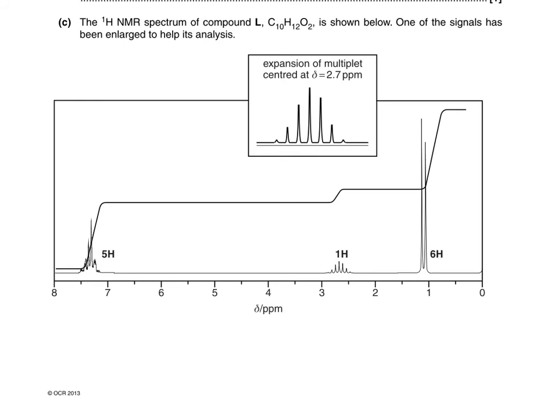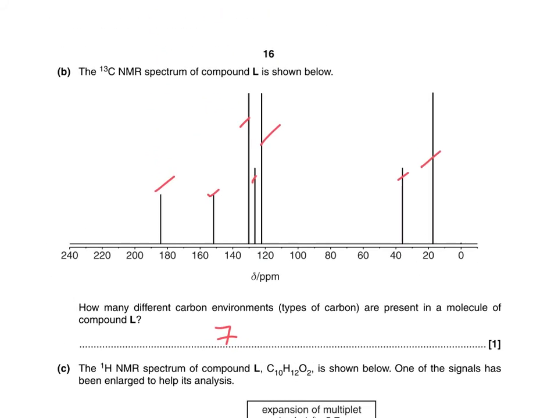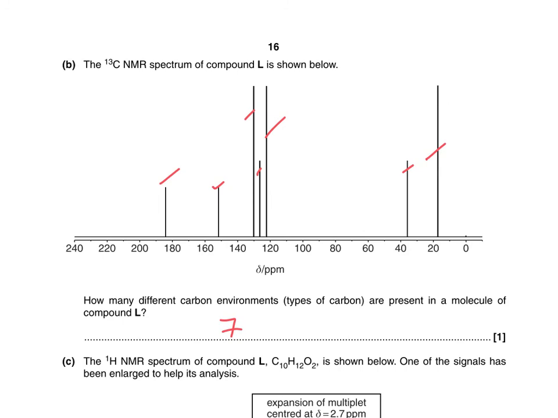Right, so the next part is using our two spectra to deduce our compound. I'm going to start on the carbon-13. We know we have 7 different carbon environments and 10 carbons in total. But what can we work out from this?